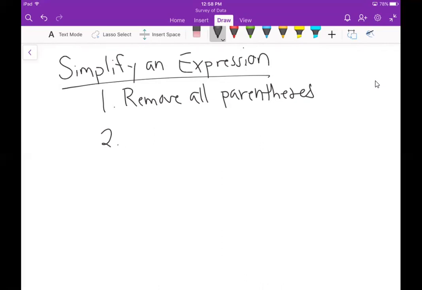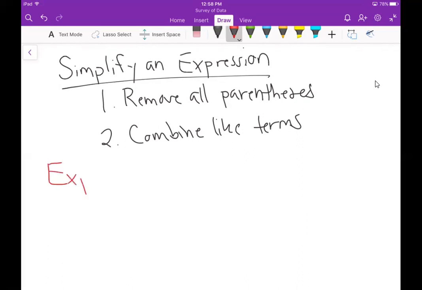Then once you have no parentheses, you have all those terms outside of parentheses, that's when you're going to be able to combine like terms and simplify that expression down as far as it'll go. Okay, so let's look at some bigger examples here.